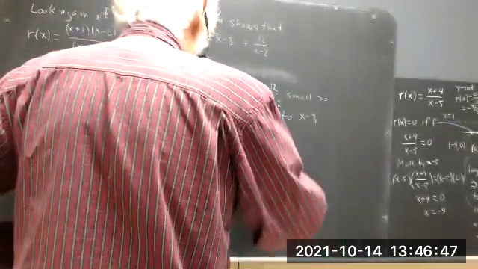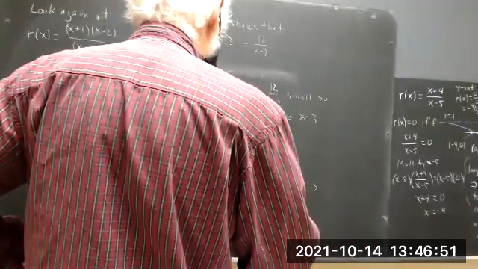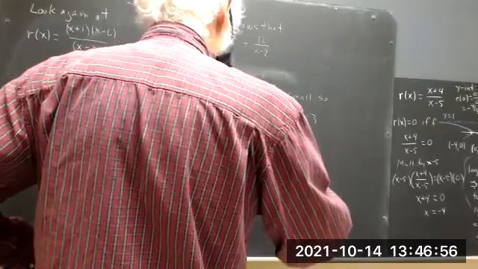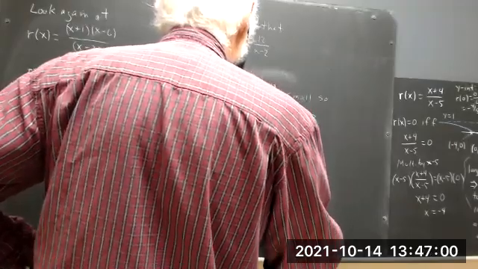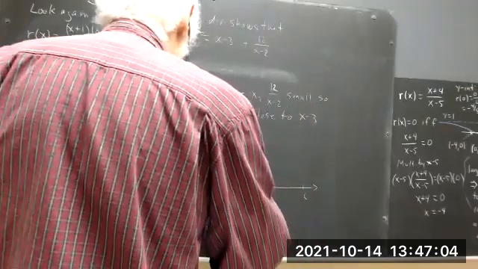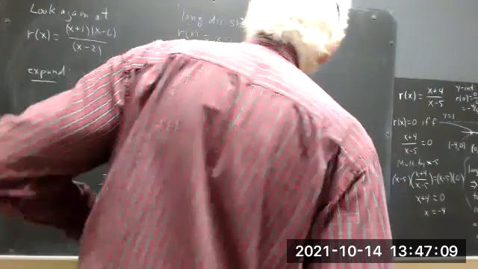So now when we draw a graph, we have our minus 1 here. We have our 6 here. We have our asymptote x equals 2 here. You know it's down this way, you know it's up this way.